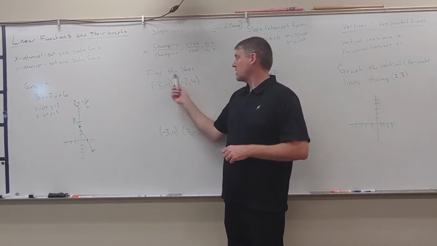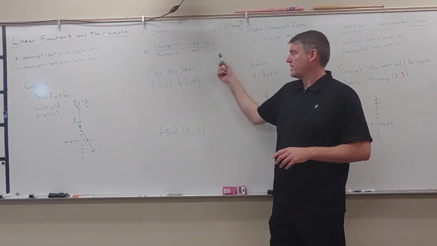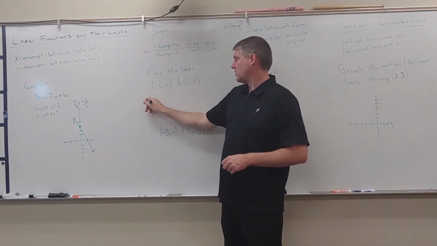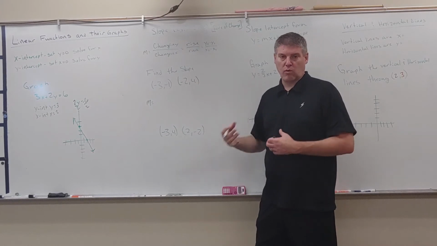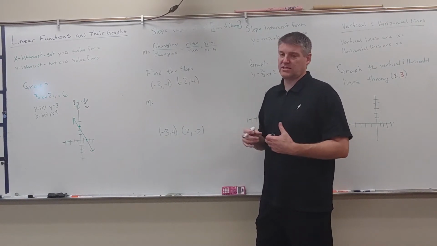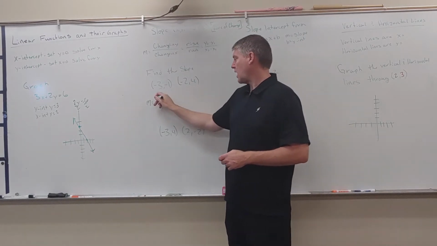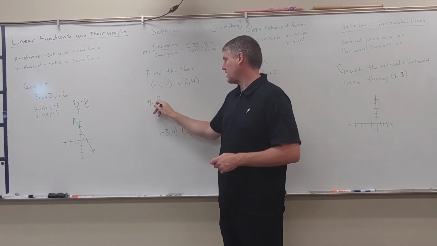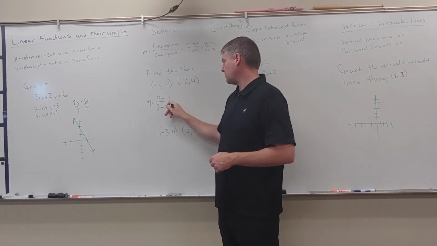All right, so we're going to find the slope for these sets of coordinates here. So we have y2 minus y1. It doesn't matter which one of these is x1, y1, or x2, y2. It just matters that you keep the order the same. So if I made this x2, y2, I would go 4 up on top and negative 2 on bottom. So 4 minus negative 1 over negative 2 minus negative 3.